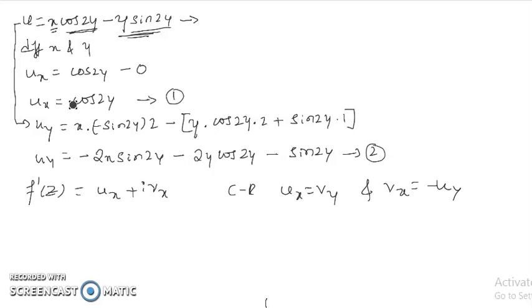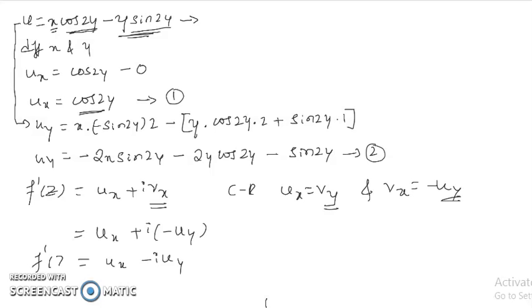As I told you, if u is given, I have to eliminate this vx, so I'm going to consider minus uy. Here ux we know already, plus I'll keep that because ux is known. I don't know vx, but vx is equal to minus uy, so I'm going to replace that. So this is ux minus i uy. So this is f dash of z.